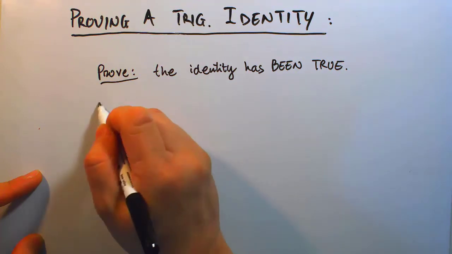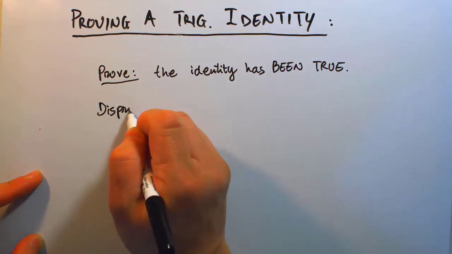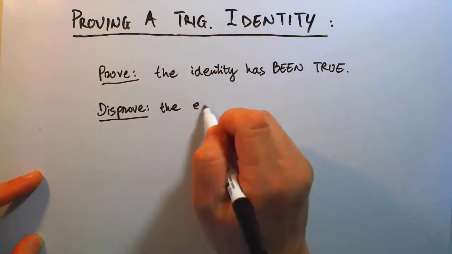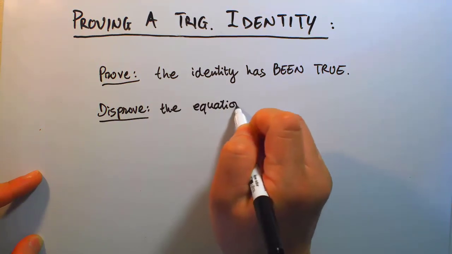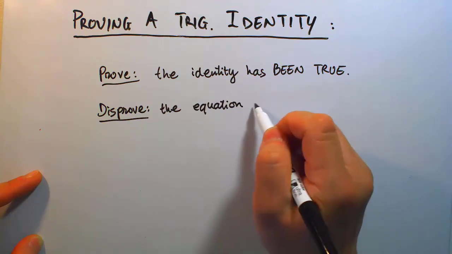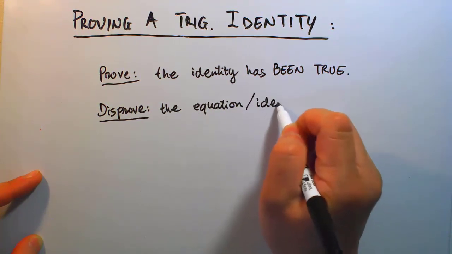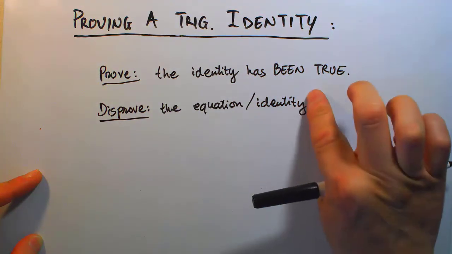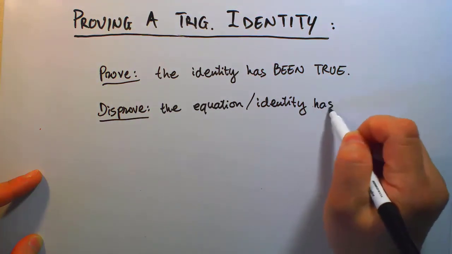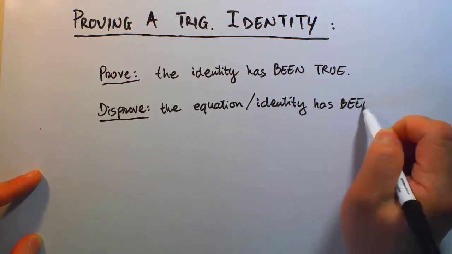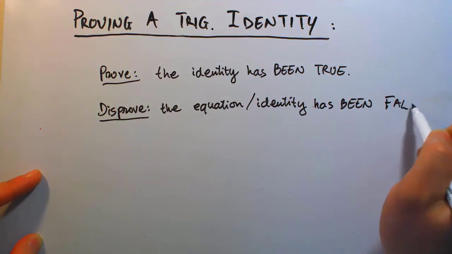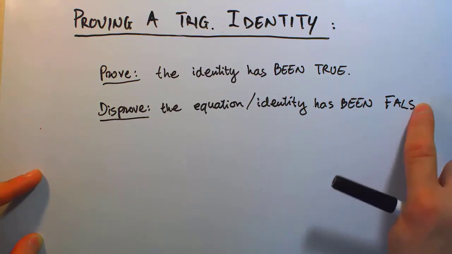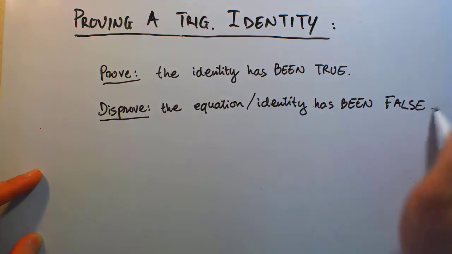When the problem asks you to disprove, then the equation for identity has been false. And we just need to come up with a counterexample to really convince everybody, every reader, that it's false.